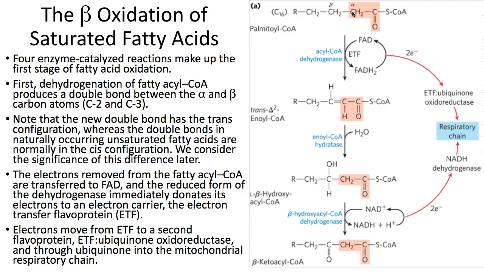So in this oxidation step, a double bond is produced between the alpha carbon and the beta carbon. Once again, this is the alpha carbon, next to that carbonyl, and this is the beta carbon. Also note that it has this trans stereoisomer configuration. This is going to be important for later.